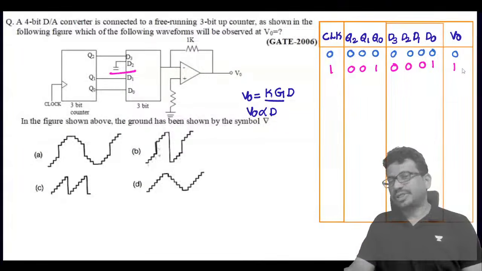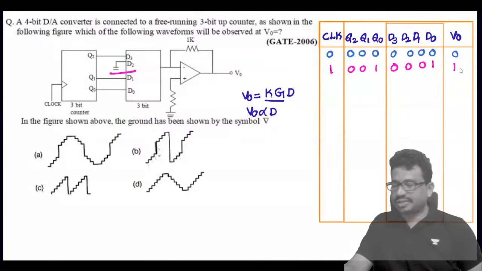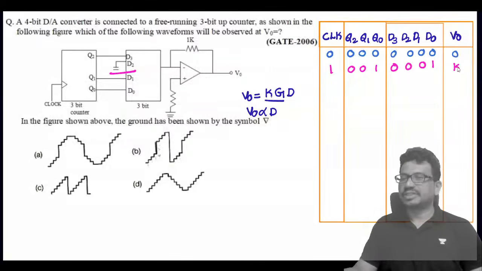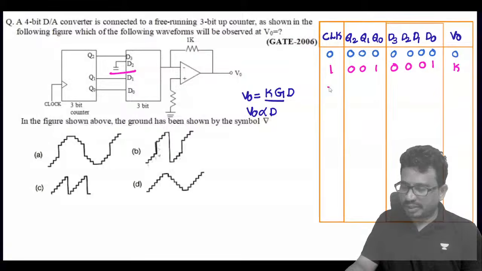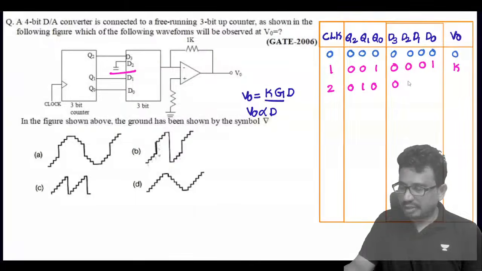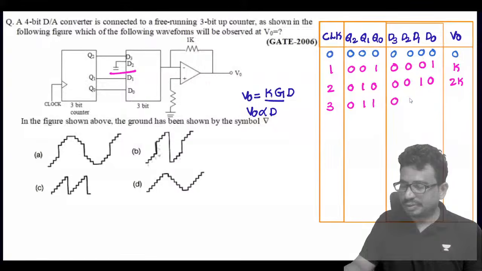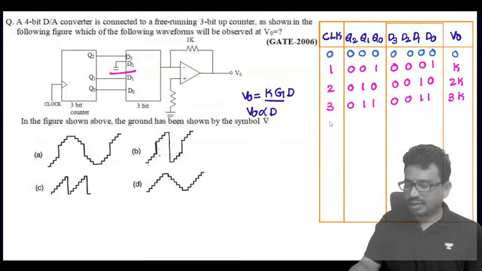If we take some constant as K, the output is KD, so we can take it simply as K. If we apply the second clock, this is 0, 1, 0, so it will come as 2K. Third clock 0, 1, 1, so this is 3K.